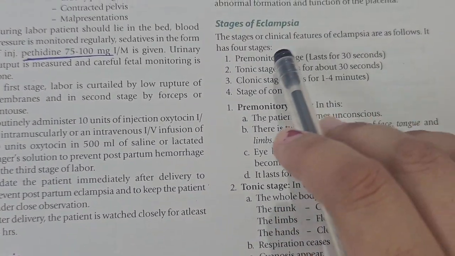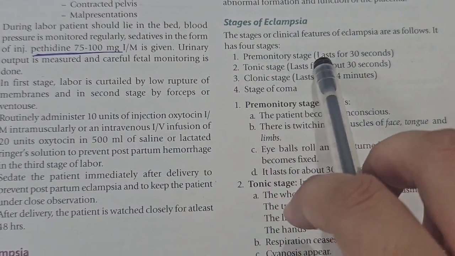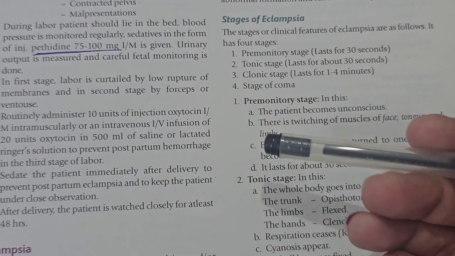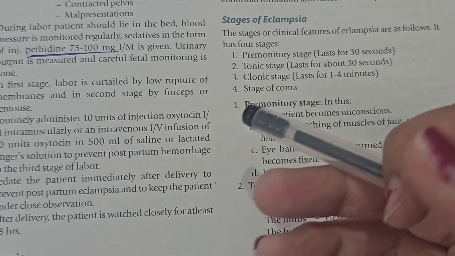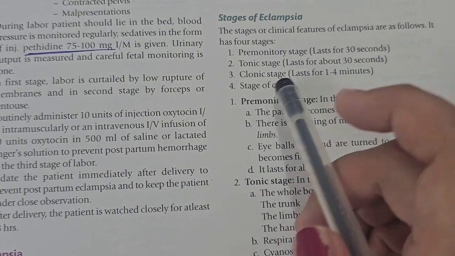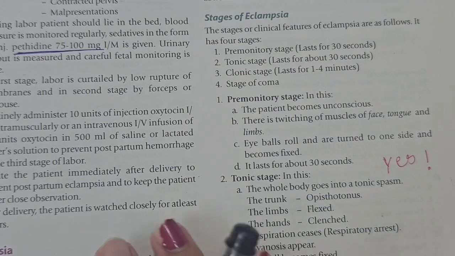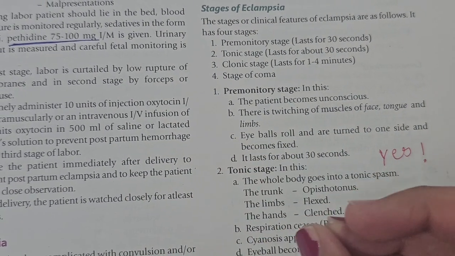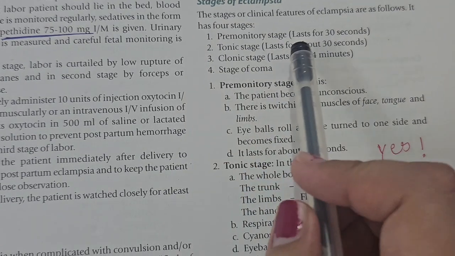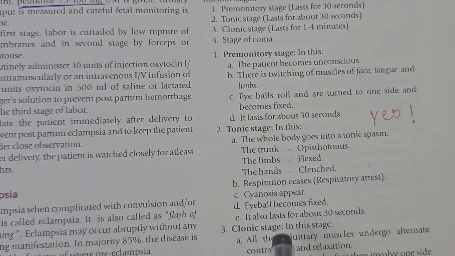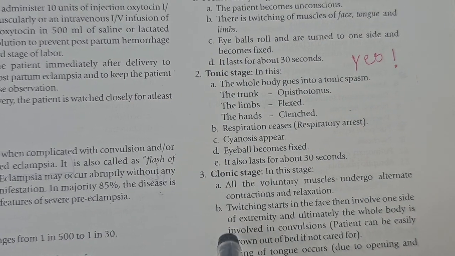Okay, and in the stages of eclampsia there are 4 stages. The premonitory stage, which is a pre-stage, an arising stage as we can say, lasts for 30 seconds. Second one is the tonic stage. In that, most of your body goes into tonic, meaning spasm, which lasts about 30 seconds, same as the premonitory stage. Third is the clonic stage.